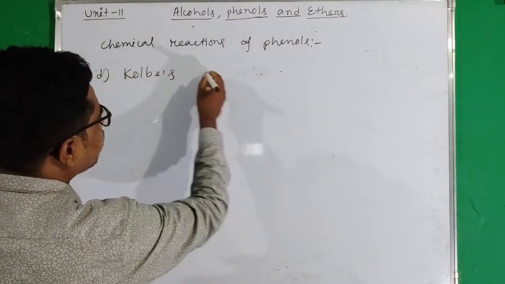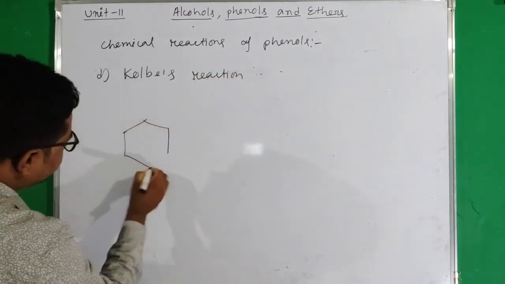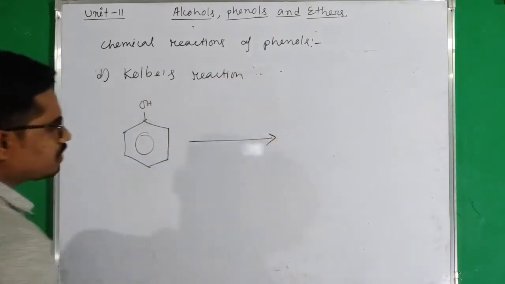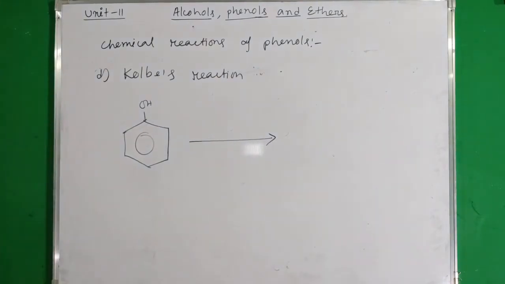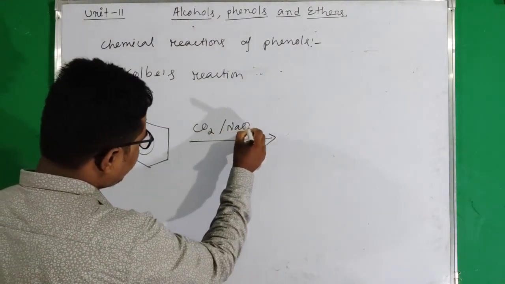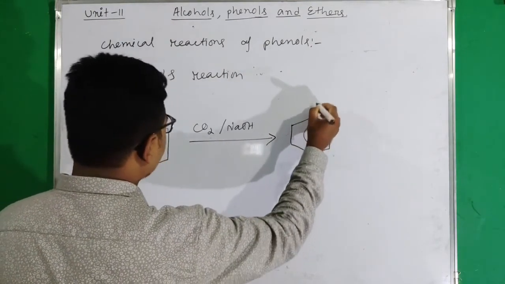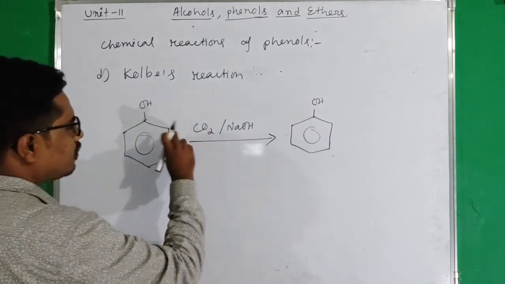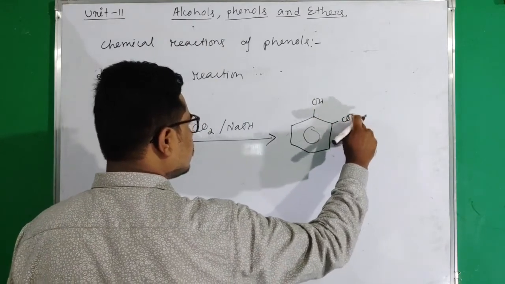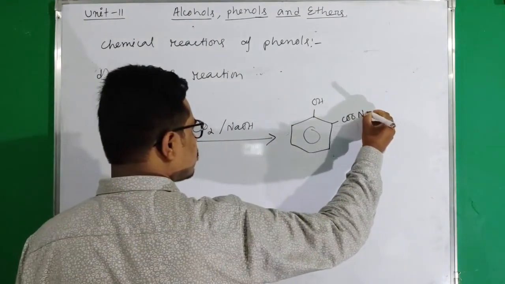Kolbe's reaction, and in this reaction phenol is treated with carbon dioxide in presence of sodium hydroxide, and then this carbon dioxide will attach with the benzene ring or aromatic ring at ortho position, forming salt.